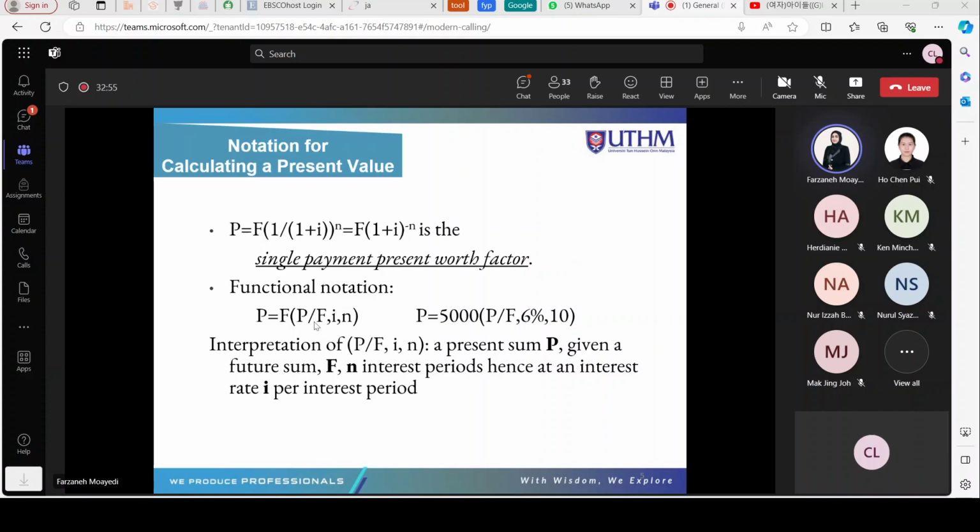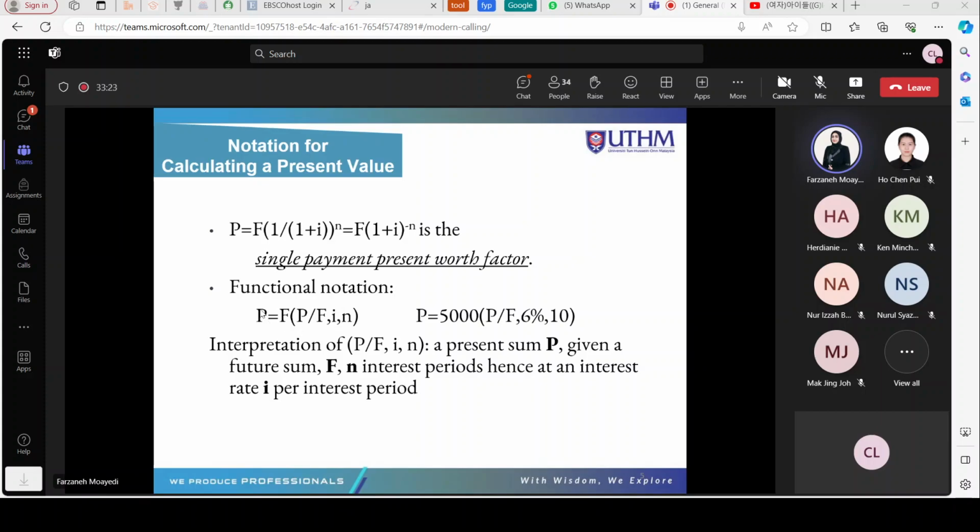This is not P divided by F. Do not get confused. In a notation, we read this as P/F. Then we have I and N. I is the interest that is given to you, and N is the duration that is also given to you. So P/F means present value of a future sum. This is how you should be reading it.